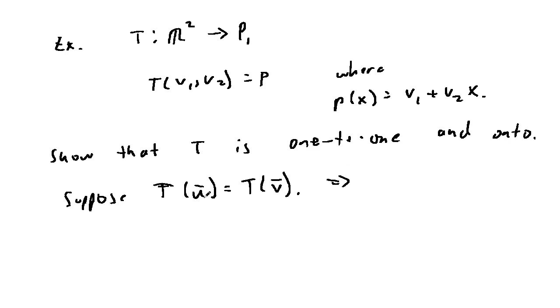Well, T of u is the polynomial u1 plus u2x. T of v is the polynomial v1 plus v2x. And if those two polynomials are equal, then their coefficients are equal.